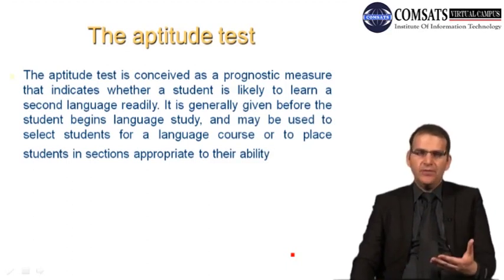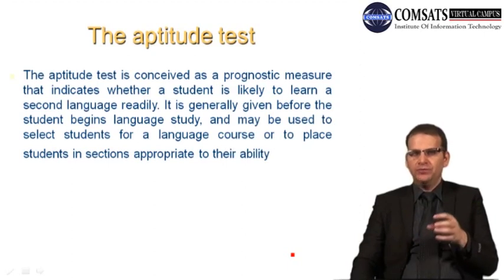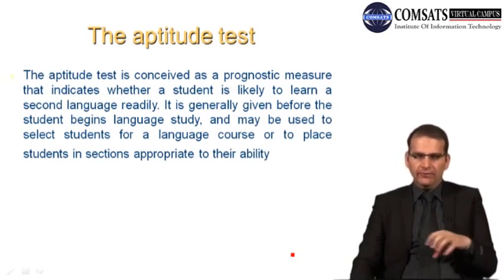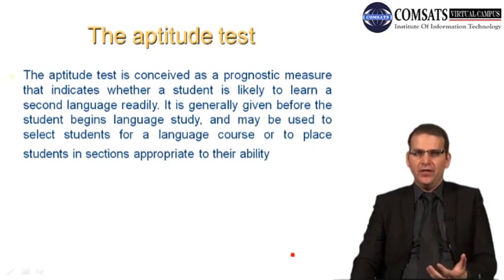So sometimes, if you talk about the common practice, when students apply for a particular language course, the administrators of that center have to put the students in different grades, different sections. So how do administrators determine the level of the students?